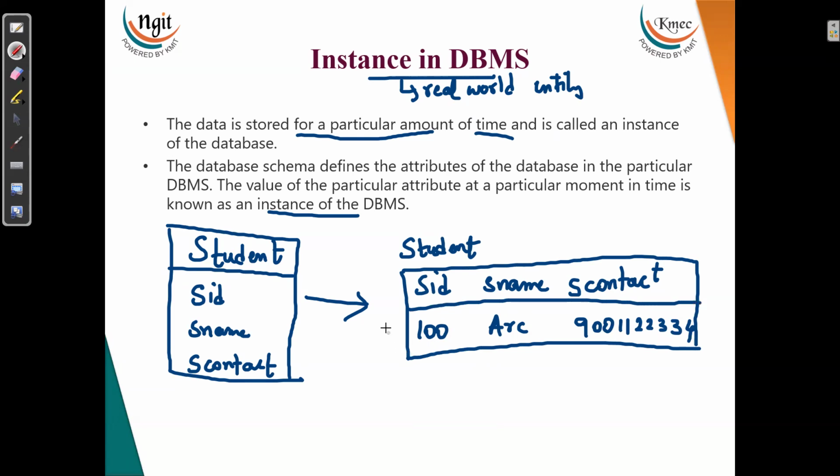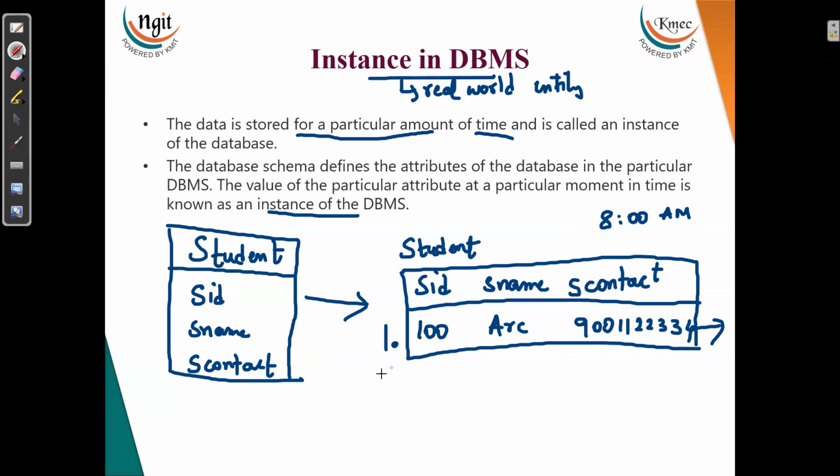Only one record. So now the instance of the student table is only this record of information. Okay. At a later point of time, that means now the time is 8 a.m., I have only one record available in this table.